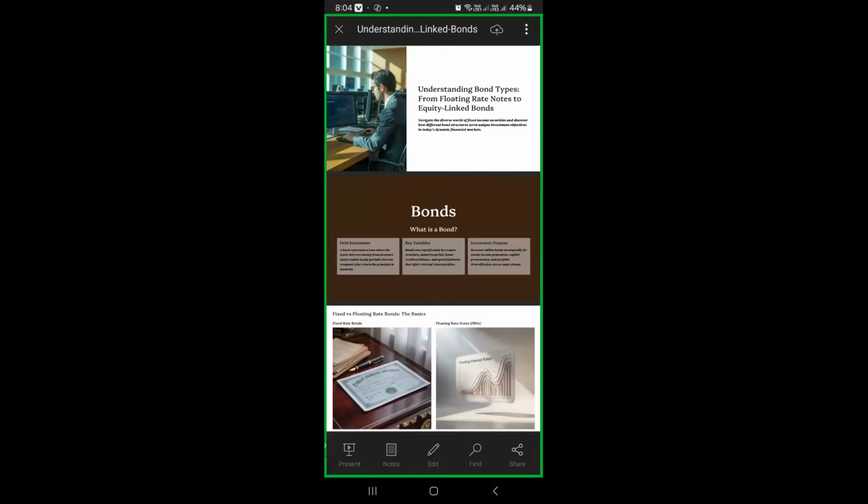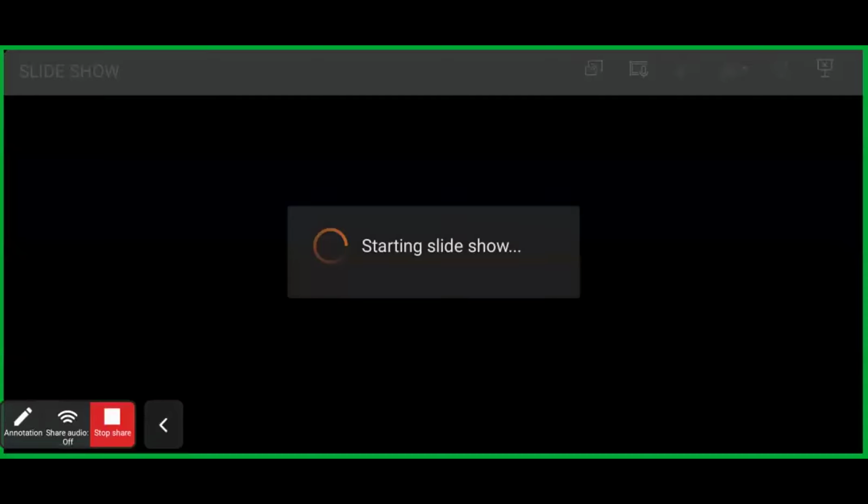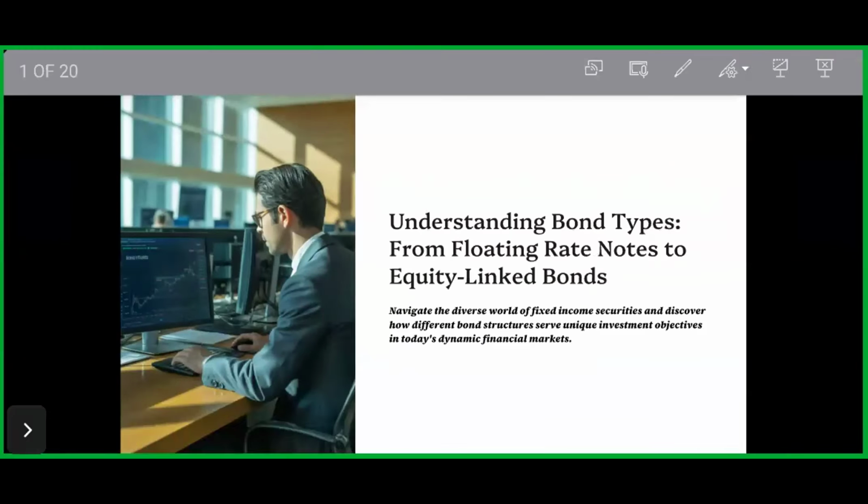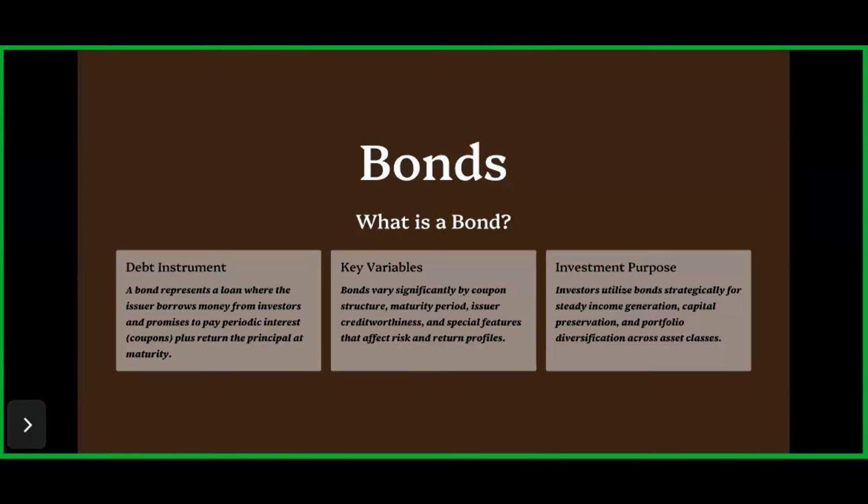We already know that a bond is a type of loan instrument. It is a loan itself, but we can say it is a standardized loan. A bond represents a loan where the issuer borrows money from investors.